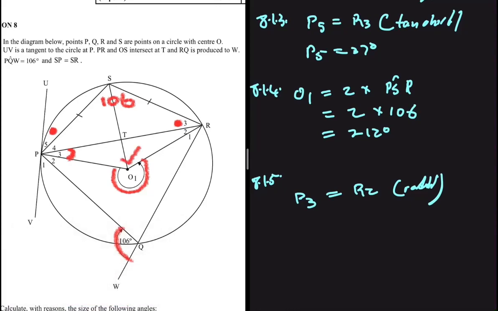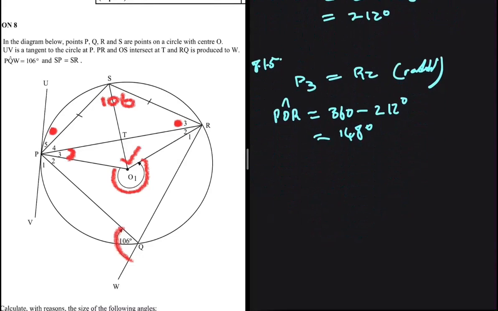So we can say that POR is equal to 360 minus 212 degrees, because the angle around a point is 360.